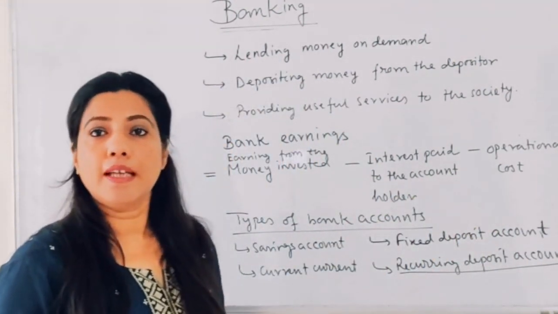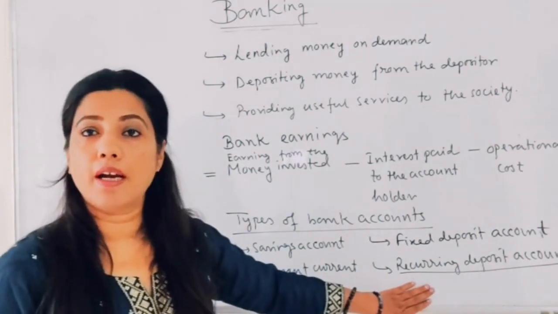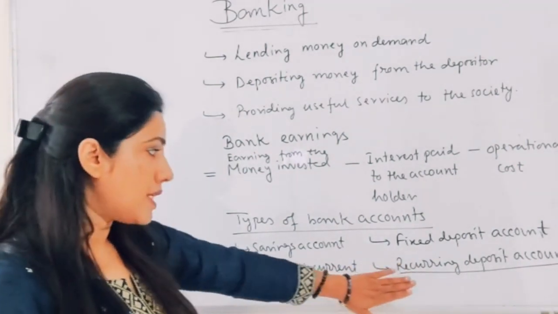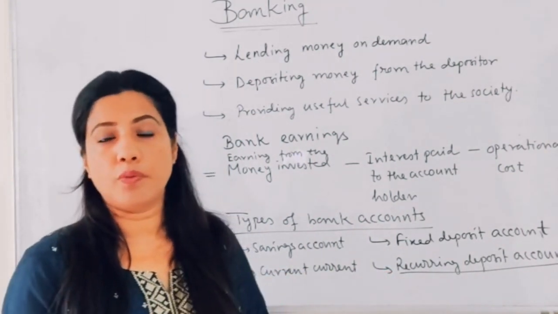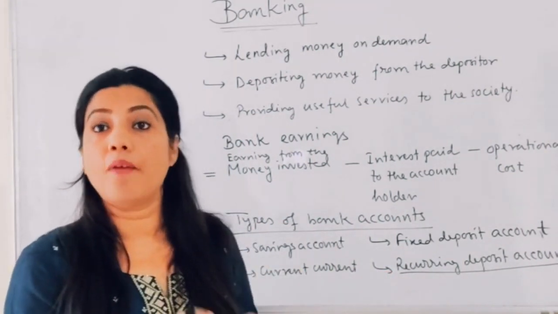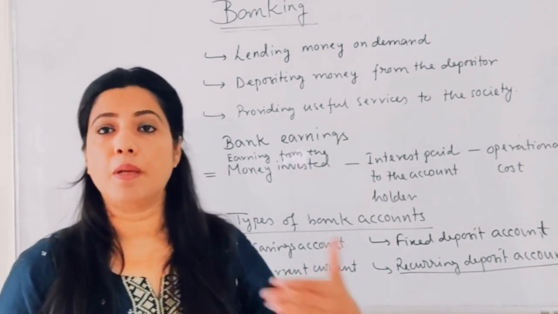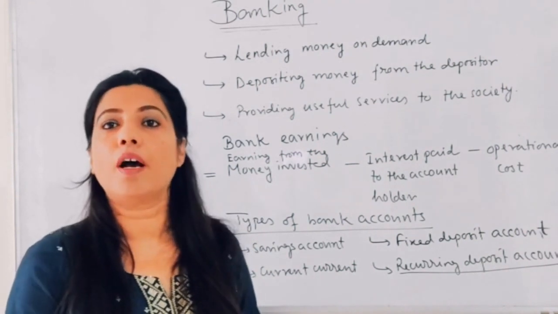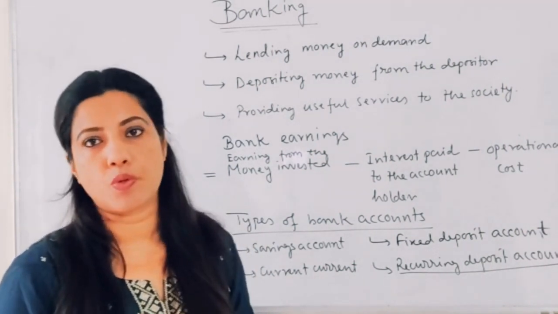Now the next thing we need to know is the features of a recurring deposit account. In this type of account, the depositor chooses a fixed amount which has to be deposited in the bank every month. The amount can be chosen by the depositor. It has to be deposited every month for a chosen time period, which the depositor can also choose.